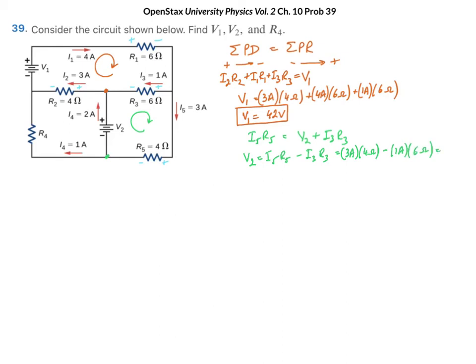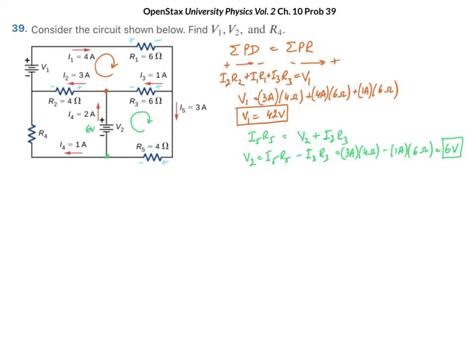So that's 12 minus 6, or 6 volts. So now we know both the voltage 2 and voltage 1. So I will write on here that V2 is 6 volts.